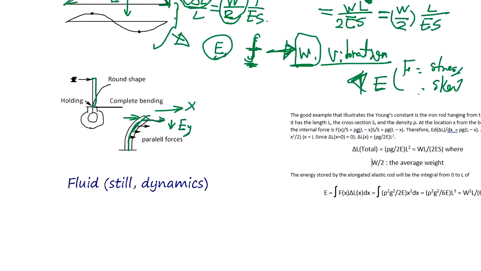And when the elastic material doesn't come back, it's called plasticity. It's just deformed and stays there. And if you push this to the extreme, then it becomes fluid. Then we need another physics.